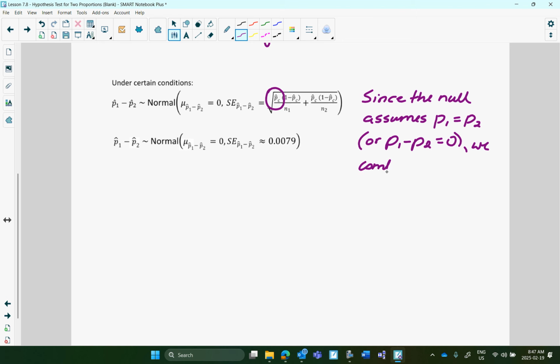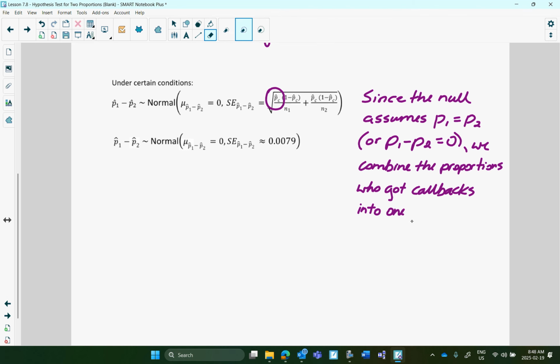We combine the proportions who got callbacks into one estimate.